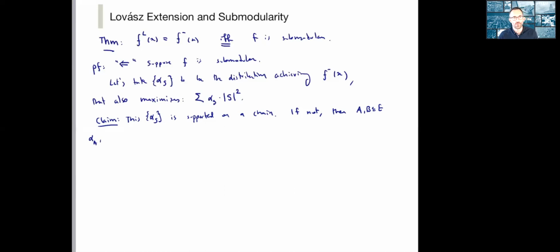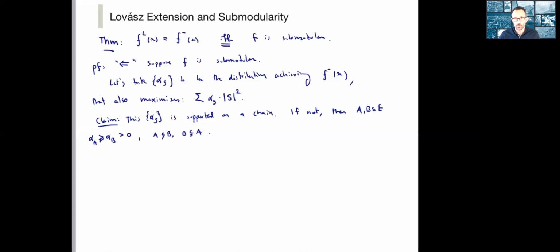Let's just label A and B so that this is the case. But critically, both alpha A and alpha B are strictly positive, and A and B aren't nested, which means that A is not a subset of B, and B is also not a subset of A.